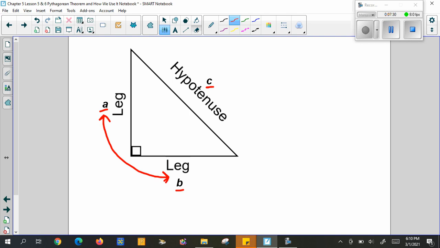The only one that 100% matters is where C is located. C is always opposite the right angle, meaning it is across from the right angle. See how I circled it and then drew an arrow? That arrow is pointing to C.